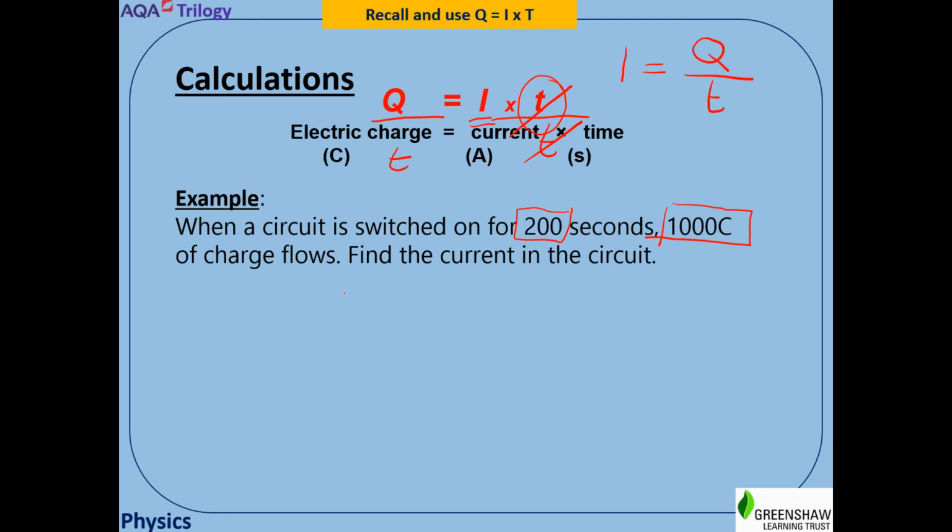So I equals Q divided by T, so we've got 1,000 divided by 200, equals 5 amps.